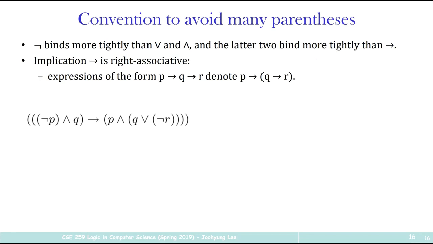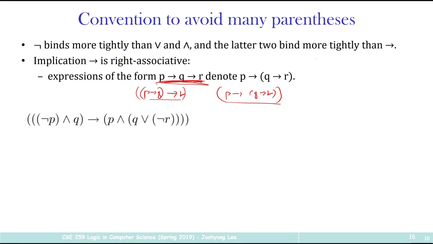If you remember what these are in algebra, if you see this kind of thing, it could be ambiguous whether it means P implies Q implies R, or whether it implies this, right? Because I skipped the parentheses, it's a bit confusing which one it represents.